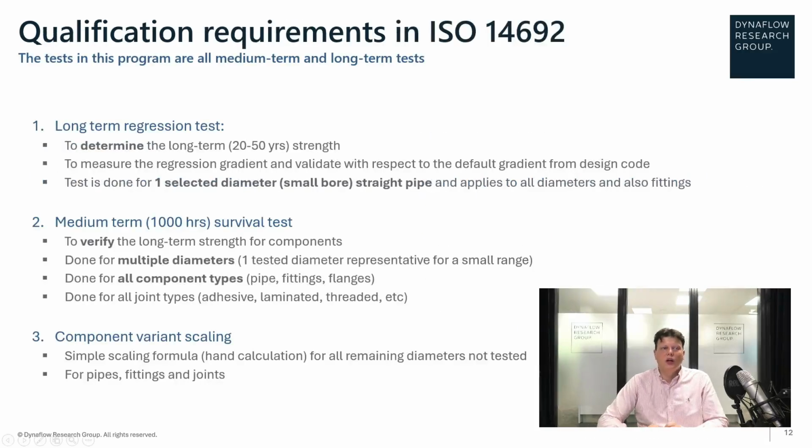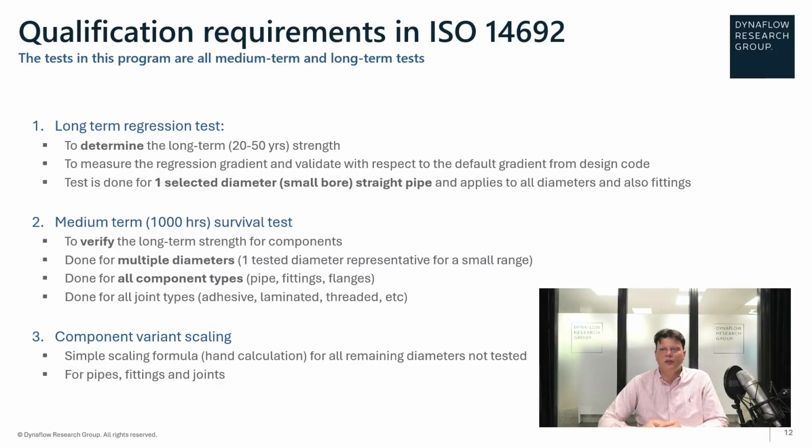So in ISO 14692, you have this performance-based system design, and a very broad overview of it is as follows. You perform one long-term regression test, the ASTM D2992, to determine the long-term strength, which consists of multiple internal pressure survival tests.